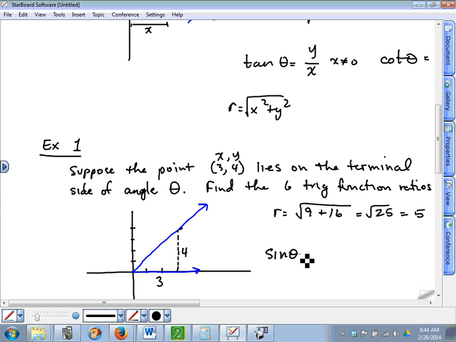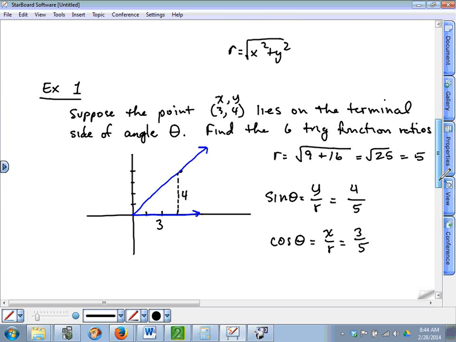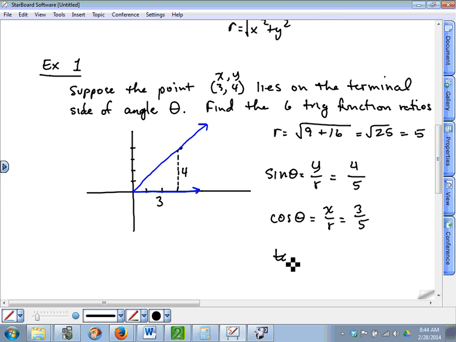The sine of theta is just the y over r value. y is 4, r is 5, so sine of theta is 4/5. Cosine of theta is x over r. The x value is 3. r is 5, so it's 3/5. Tangent is y over x, so it's 4/3.